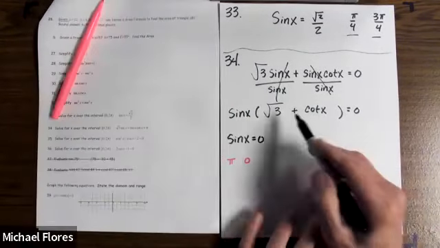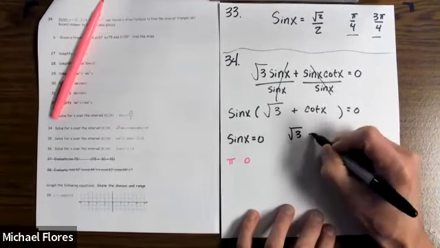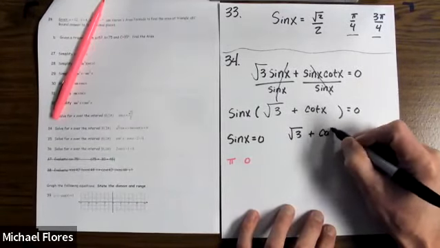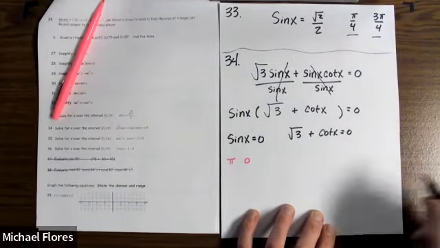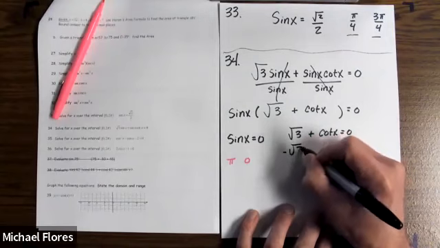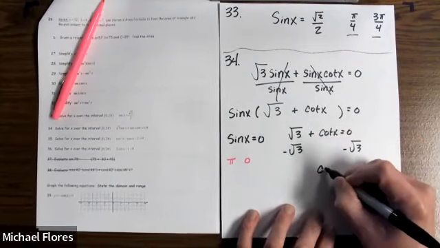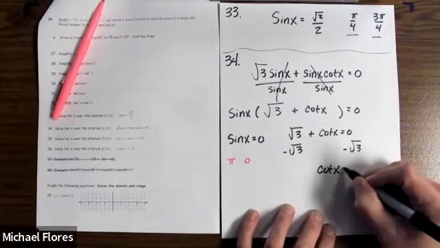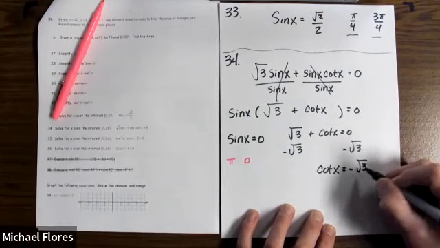Okay, now let's go over here to root 3 plus cotangent of x. Set it equal to 0. And now we have to subtract root 3. Subtract root 3. Cotangent of x is equal to negative root 3.